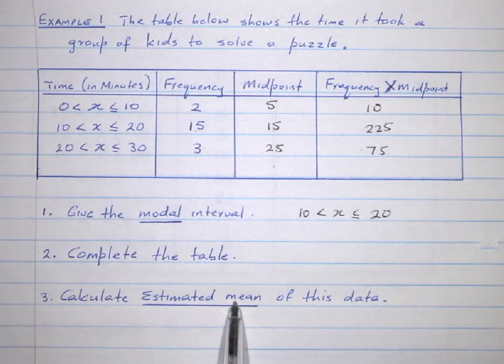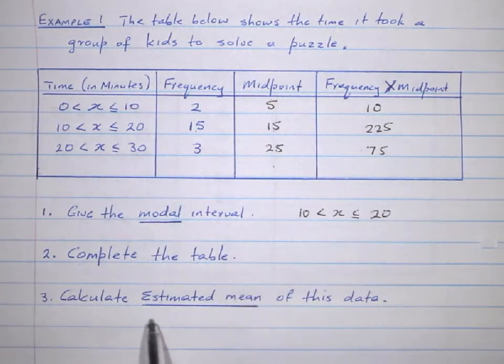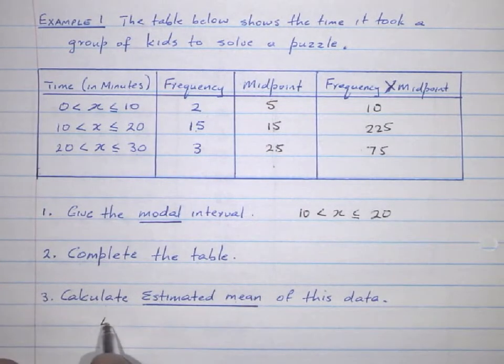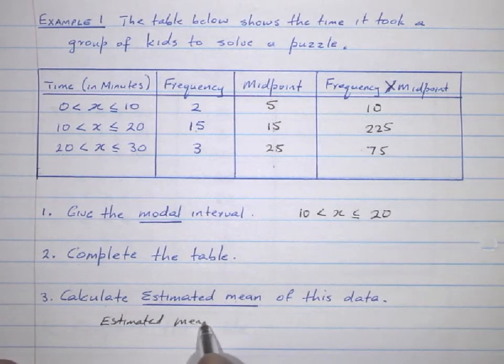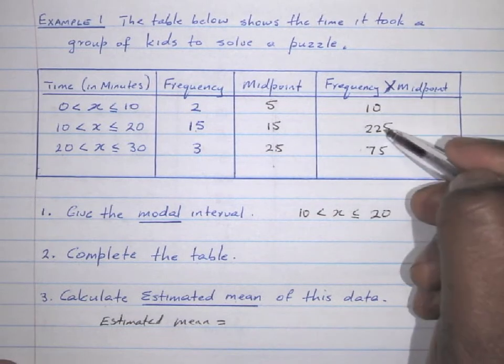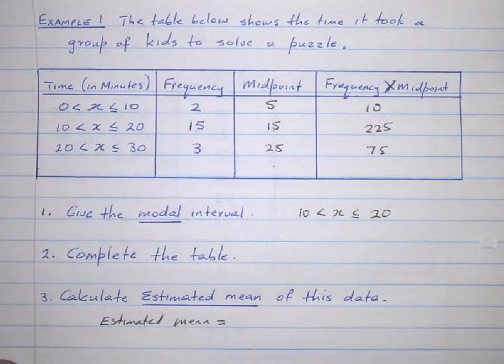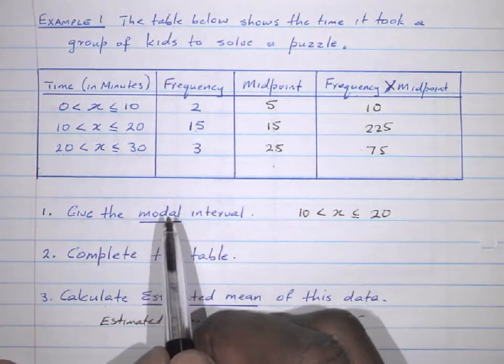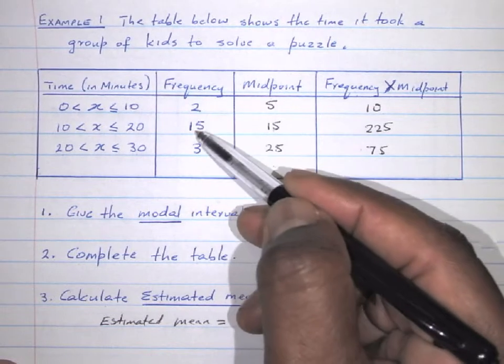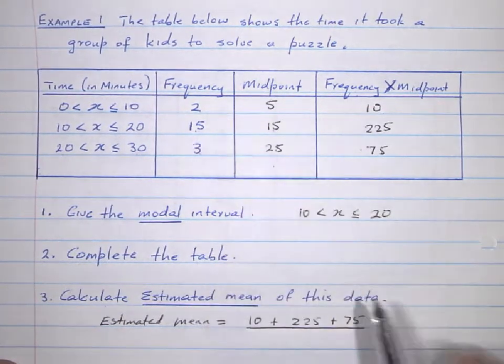The estimated mean is just like the average, the x bar, but this is an estimated mean of the group data. So the estimated mean will be equal to the sum of the frequency times midpoint, so 10 plus 225 plus 75, divided by how many kids solved the problem. There were 2 plus 15 plus 3, that is 20.